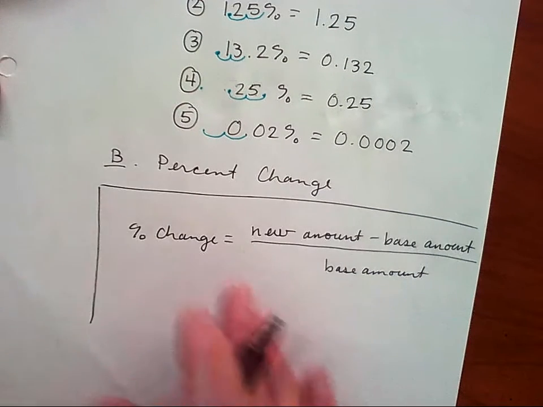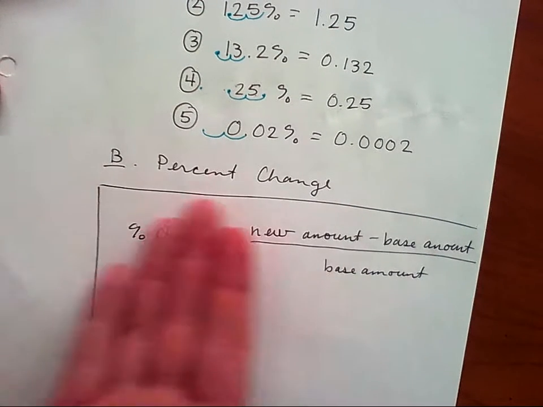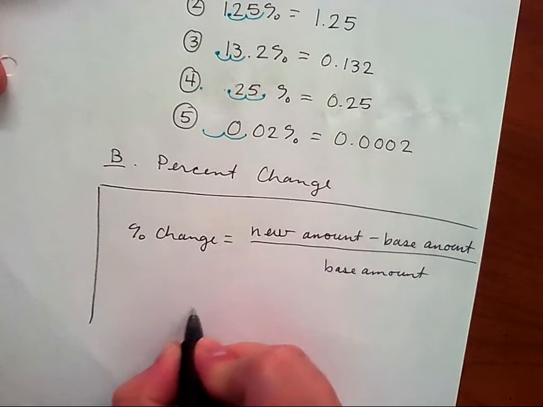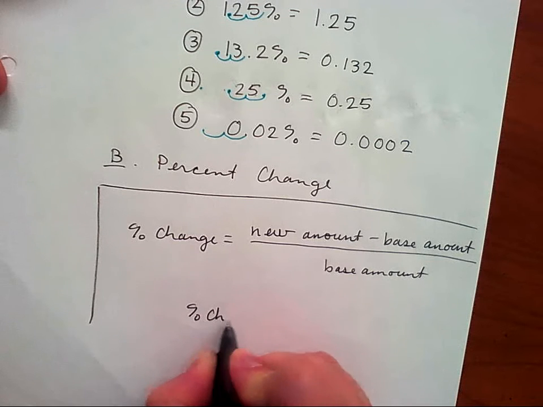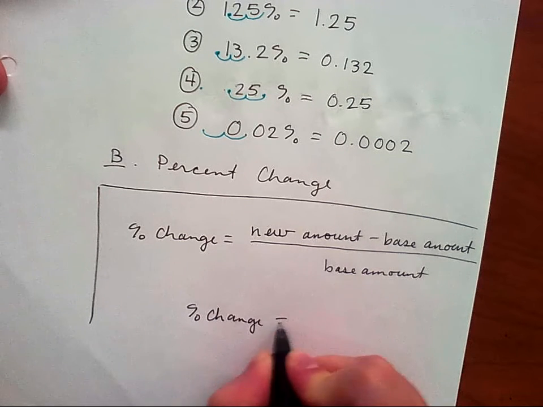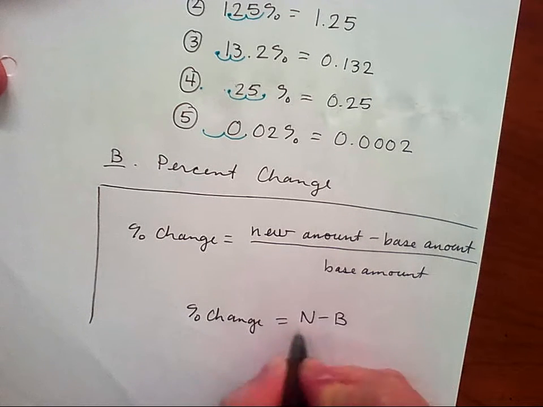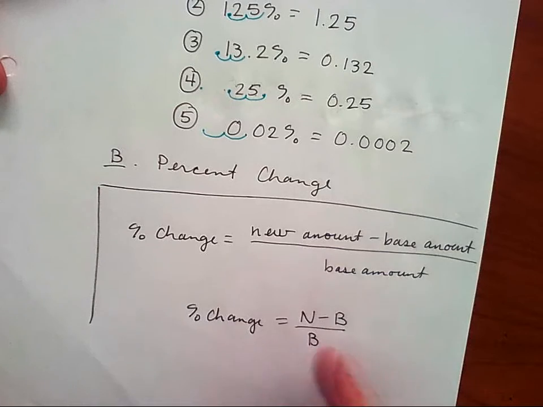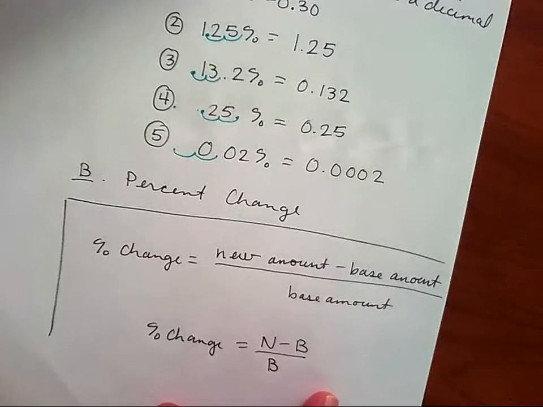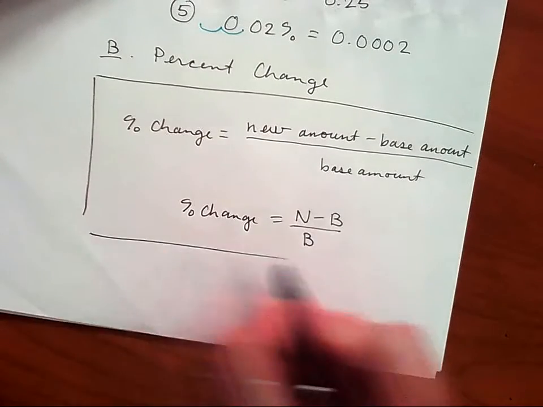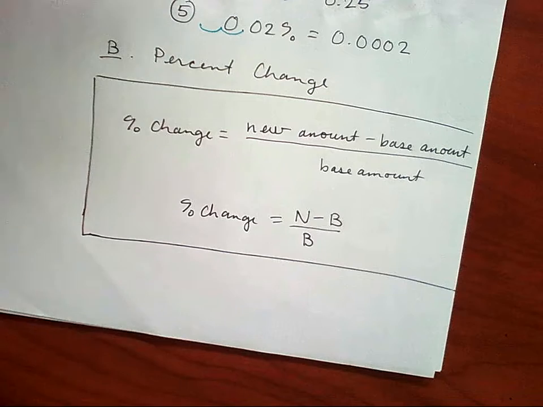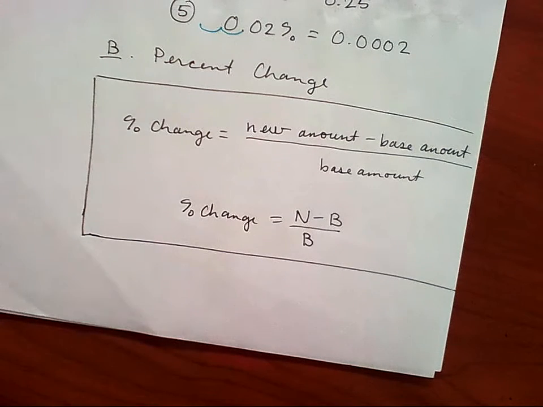Sometimes I write this equation. I think the English part is important, but I usually write percent change equals new amount minus base amount over base amount. But obviously you have to know the N and the B.